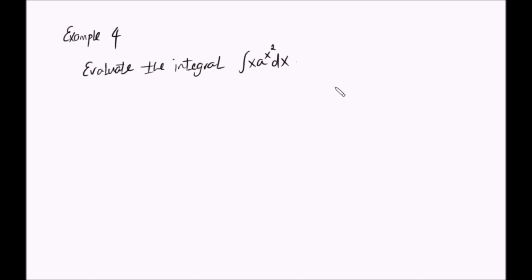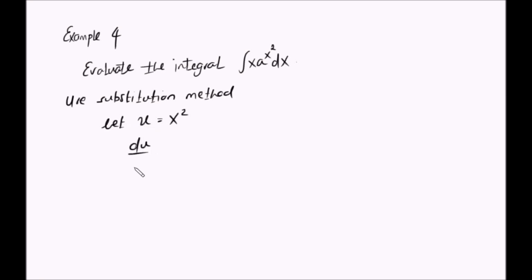So this is example 4. It says evaluate that integral. So a is a constant. Again, I'm going to use the substitution method. I'm going to let u equal x squared.